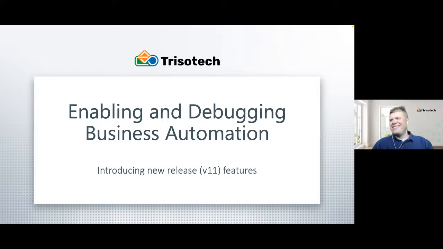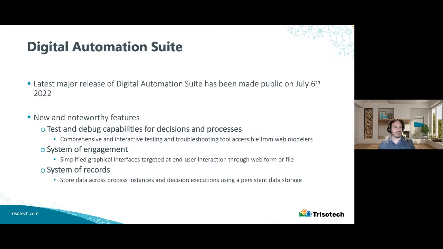So let's just switch to the other page. The goal of today's webinar is to discuss some of our new features that we introduced in our major release at the beginning of July.